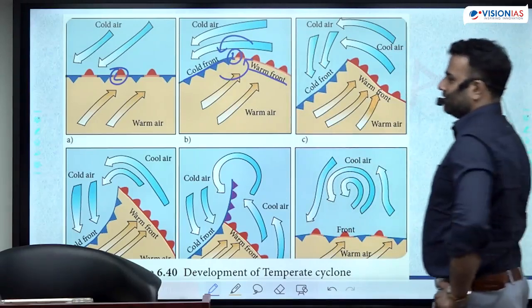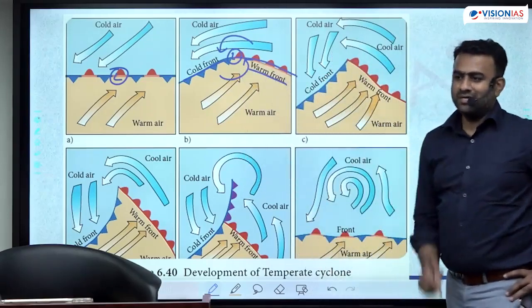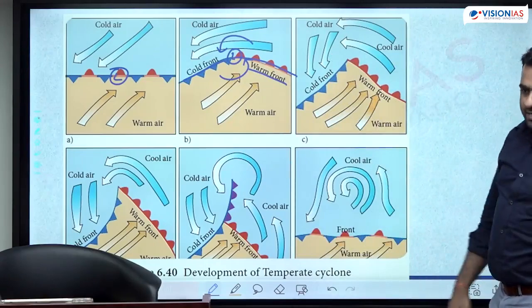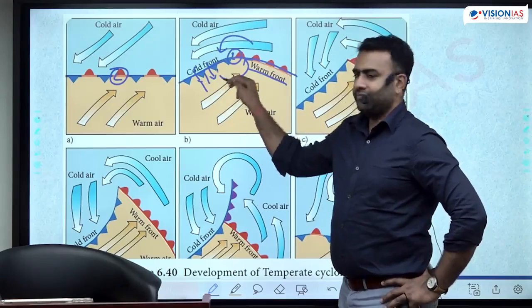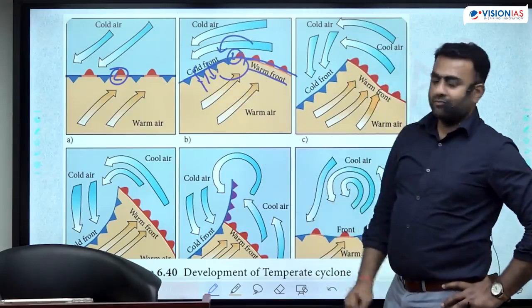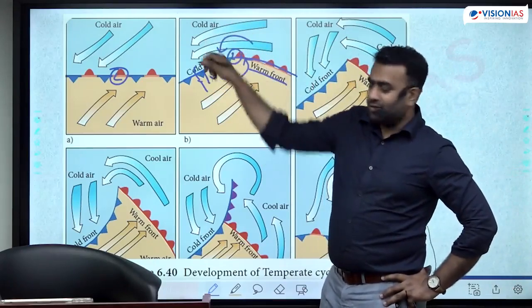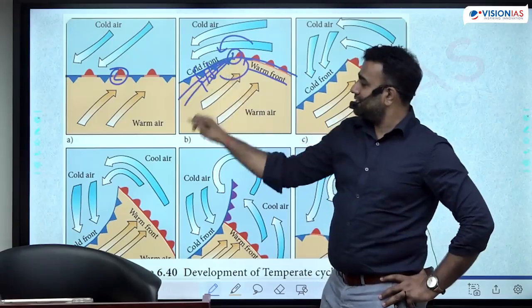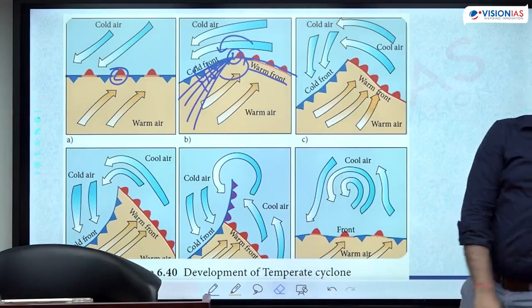Okay, simple. But this will not stop here. I told you these fronts will not remain fixed. The position of these fronts continuously keeps changing. Why? The cold front is continuously moving. This is moving faster, because as the cold air gets pushed in this direction, the position of the front continuously shifts like this, because the cold air is undercutting.